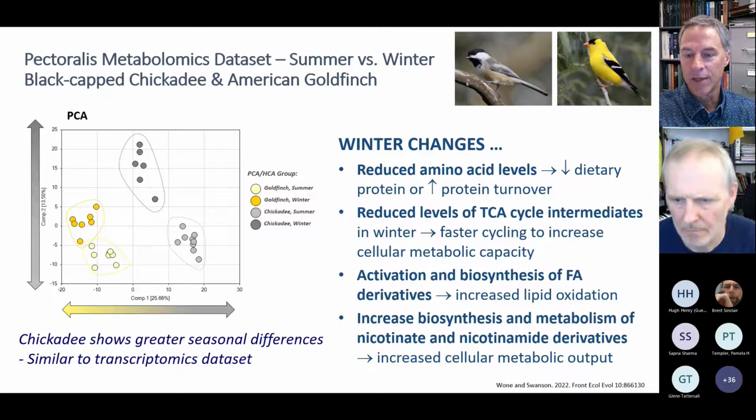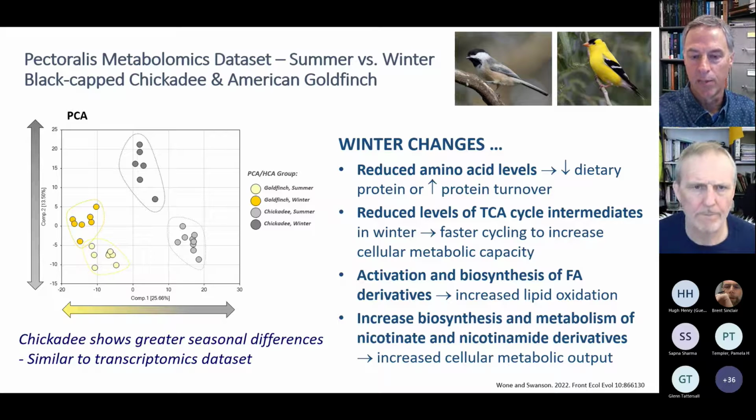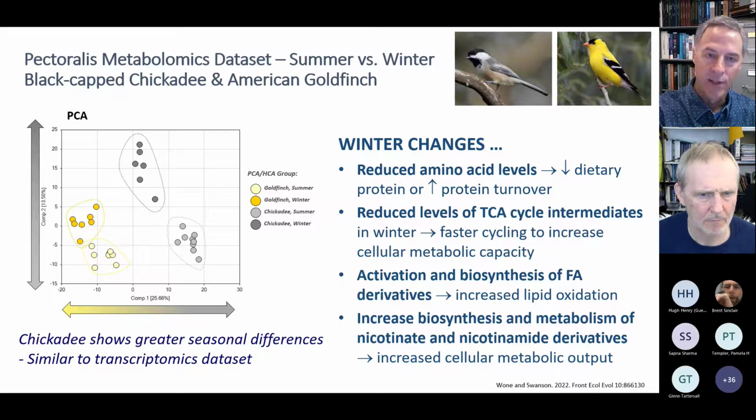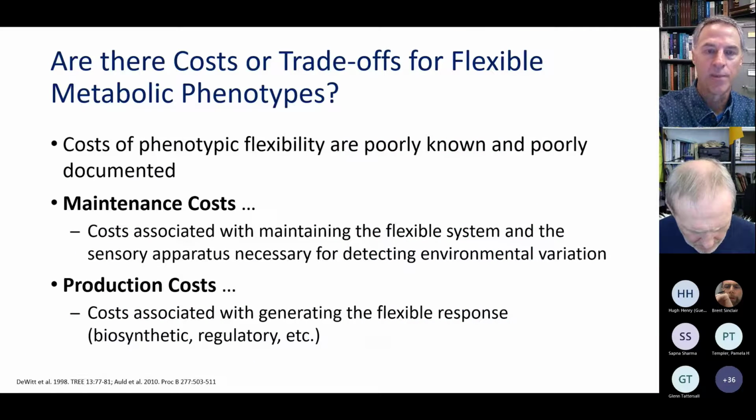And then also, interestingly, we saw an increase in the NAD pathways. And NAD is a regulator of metabolism, and we think that this relates to an increase in cellular metabolic output as well. So there's also some changes that take place at the cellular level that can influence the cellular metabolic capacity. So both bigger muscles and changes in cellular metabolic capacity seem to occur in birds.